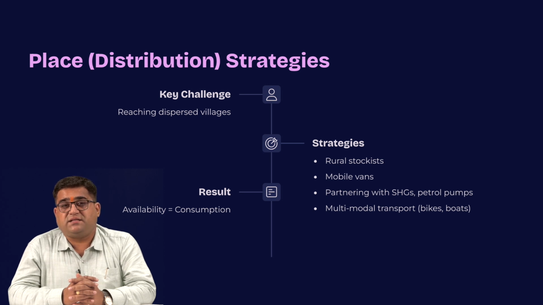Despite infrastructural challenges, some companies establish their own depot closer to rural clusters or use smaller, more agile vehicles, including motorcycles, bicycles, and even boats in riverine areas to cover difficult terrains. The fundamental principle is that availability drives consumption. A proper workout of 4 A's ensures that the distribution network penetrates deeply, placing product within easy reach of target rural consumers.